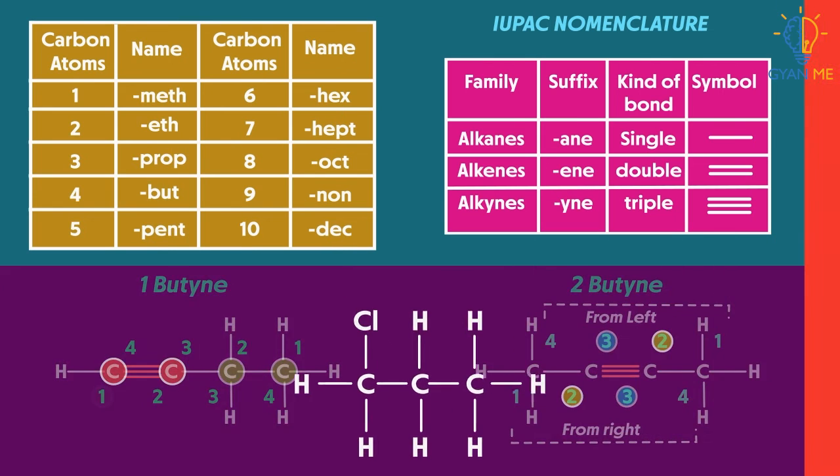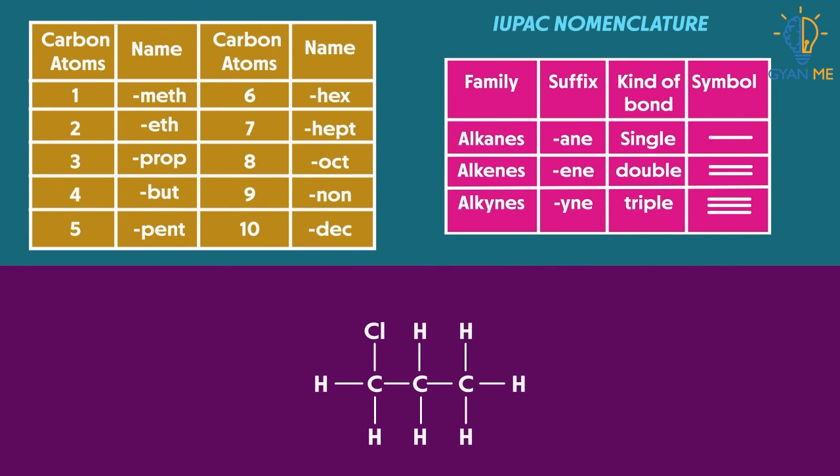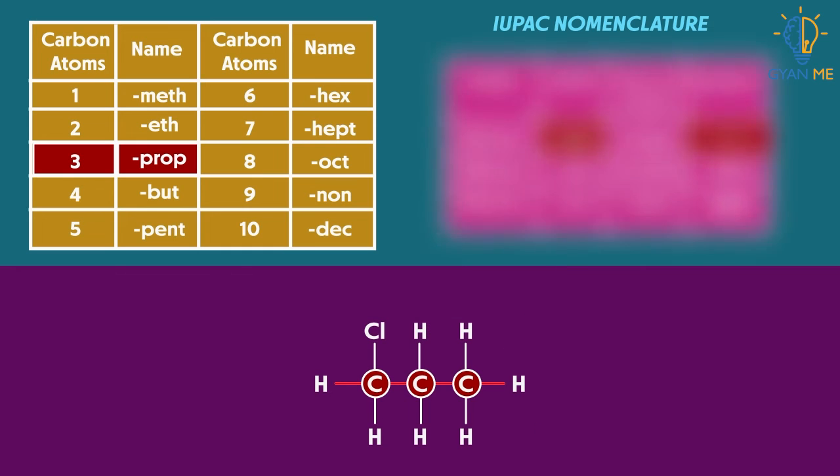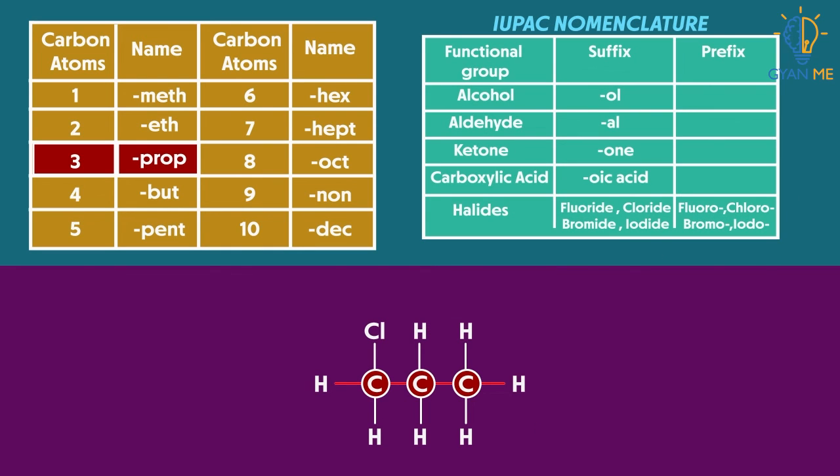Now let's go ahead and look at this structure. What will be its name? There are 3 carbon atoms here, so the root will be prop. Since all the bonds between carbon and carbon atoms are single bonds, the suffix will be ane. Is the name propane correct here? No. And why so? It is because this compound also has one halogen atom present here.